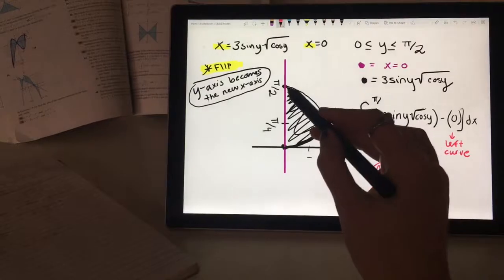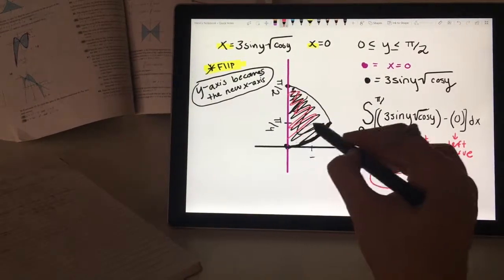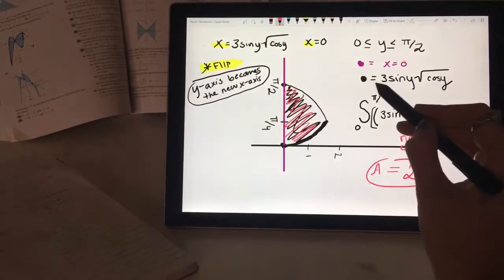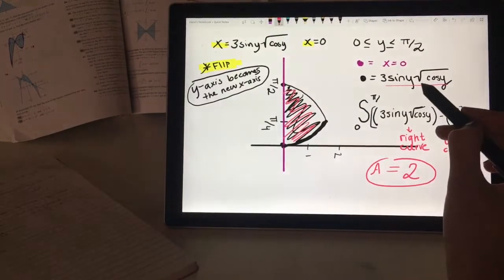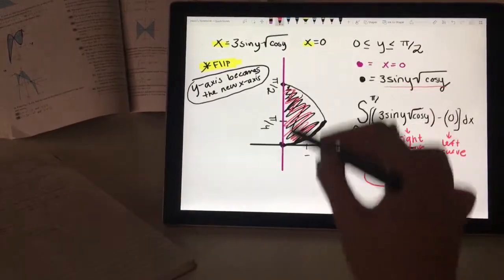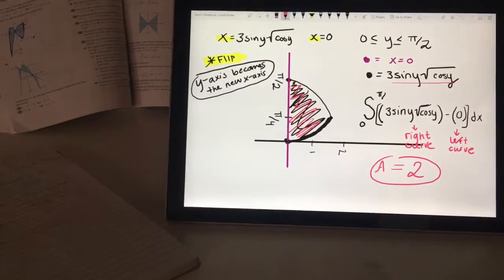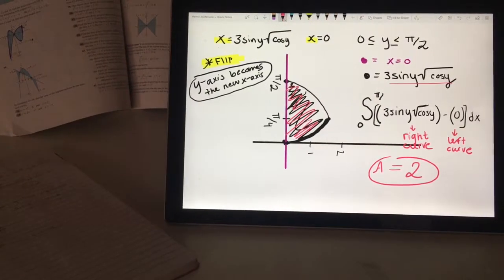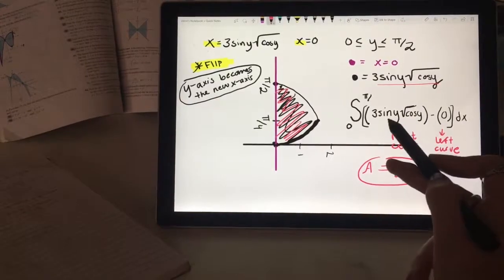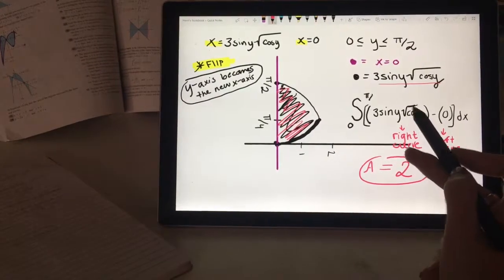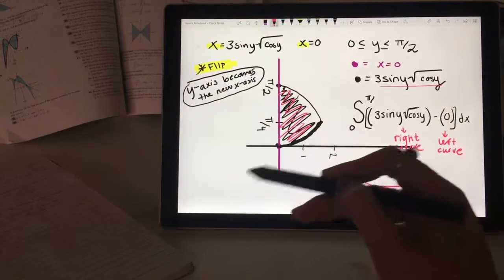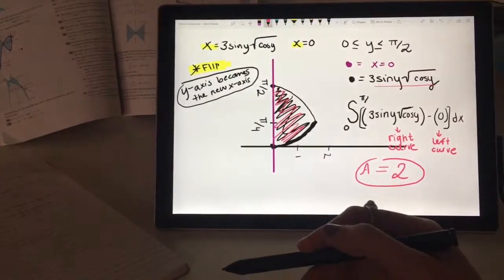You can see that we're trying to find the area in between this curve, which is 3 sine y times the square root of cosine y, and this curve, which is just x equals 0. The rightmost curve is the one in black here, 3 sine y times the square root of cosine y, and the leftmost curve is the x equals 0 line.